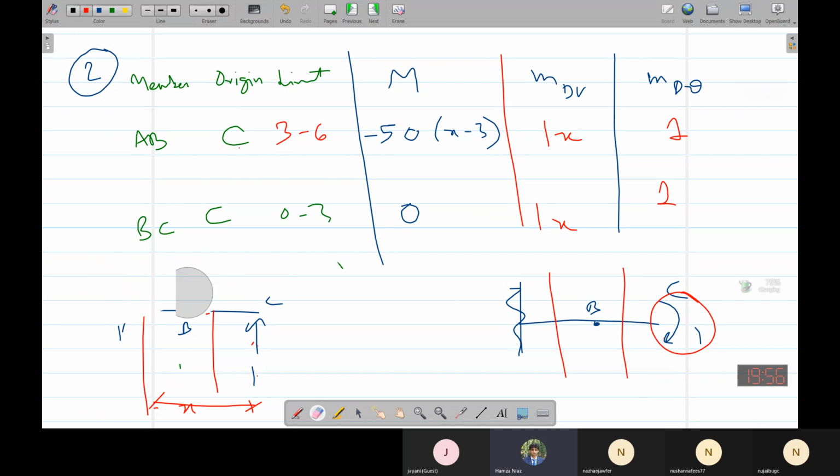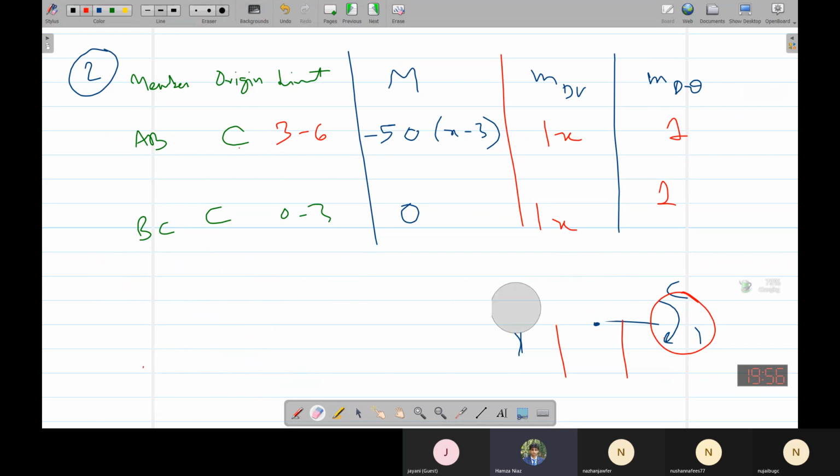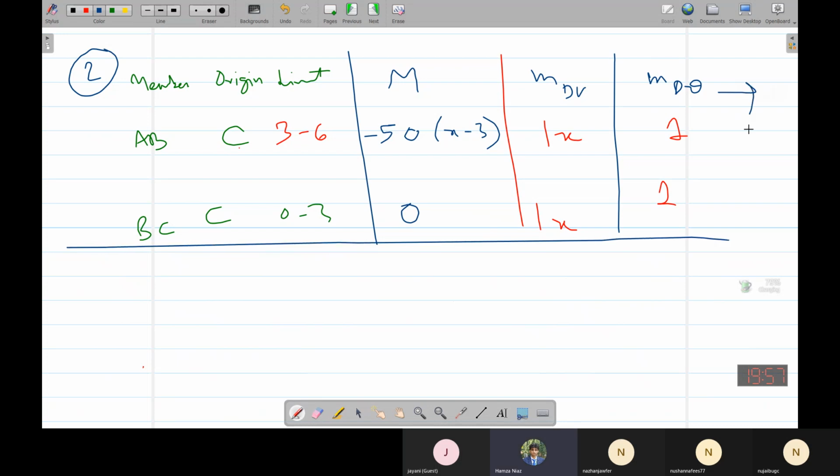So these ones were columns. After this column, we have to calculate m into mdv and integrate it. The second column would be m into m d theta, again integrated.